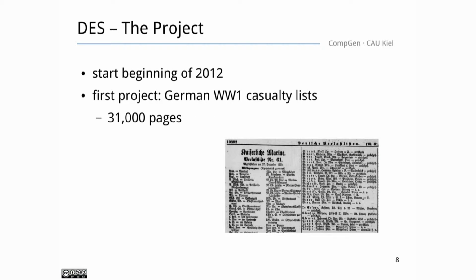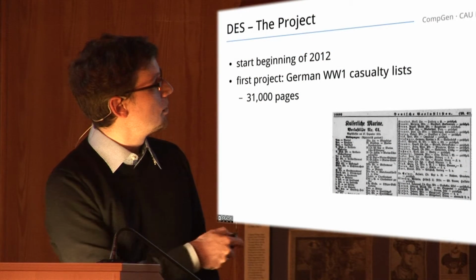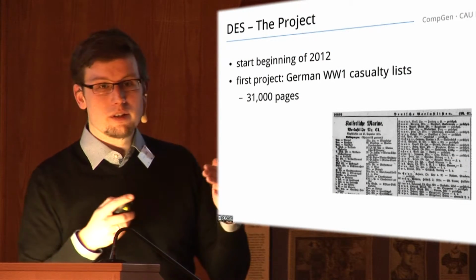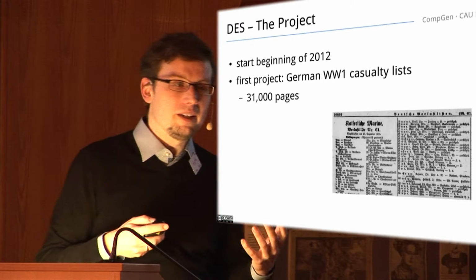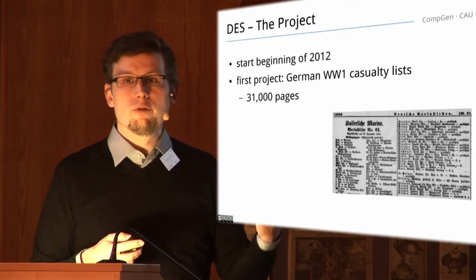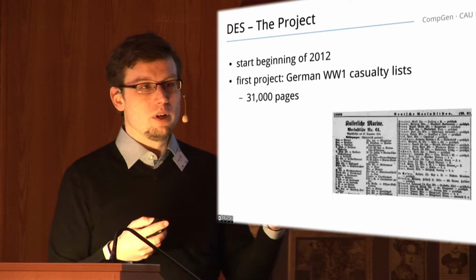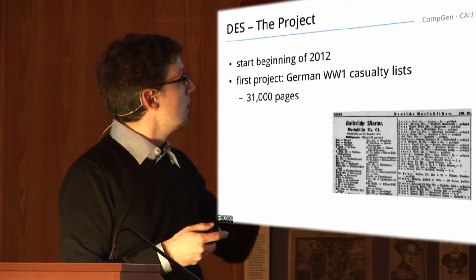We created our project in 2011, and we started in 2012. Our first source was the German casualty list of World War I. These are approximately 31,000 pages, with a lot of names on each. They are not in alphabetical order, so it's very difficult to find persons and to do other analysis on these data.